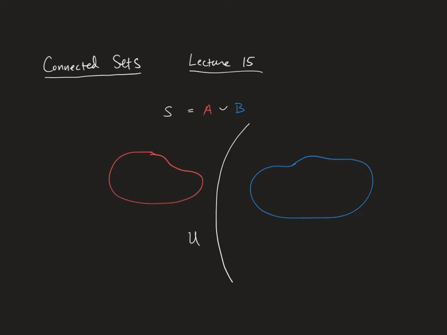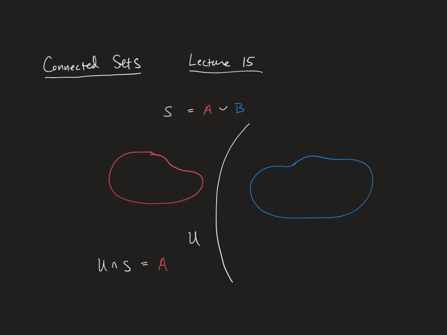So let's say this is an open set over here. This open set U is going to contain the set A. If we take U and intersect it with S, we get A over here.